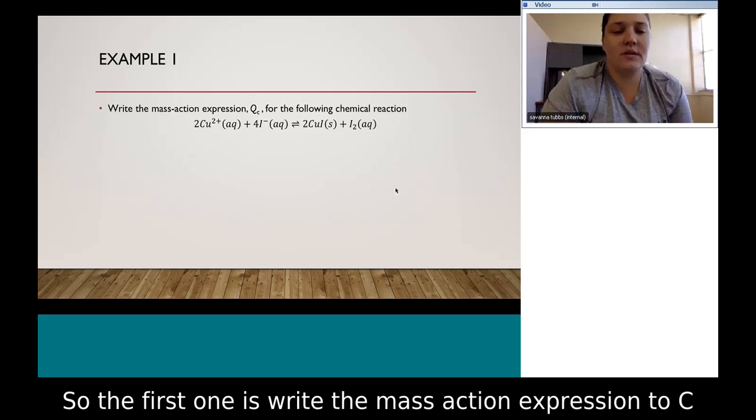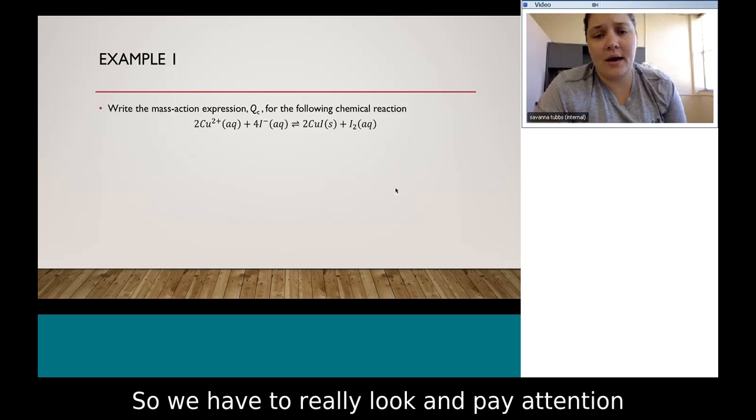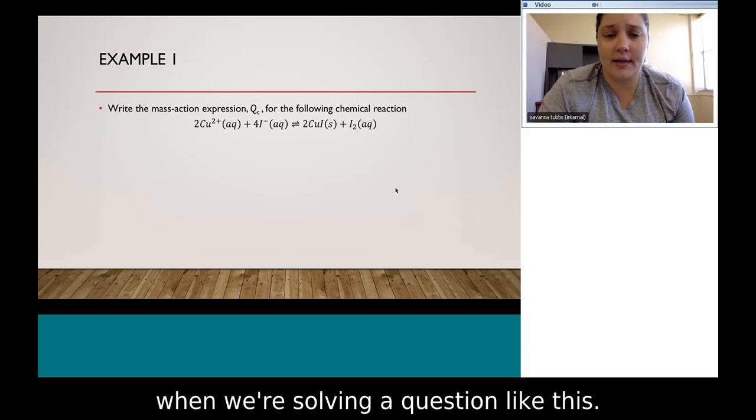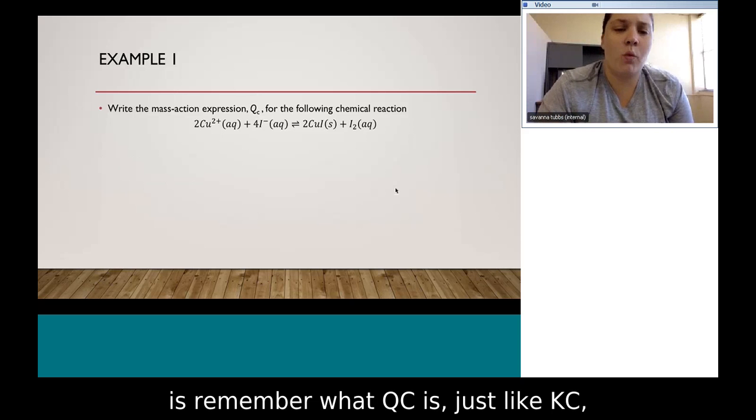So the first one is: write the mass action expression Qc for the following chemical reaction. So we have to really look and pay attention when we're solving a question like this. The first thing that we need to do is remember what Qc is.